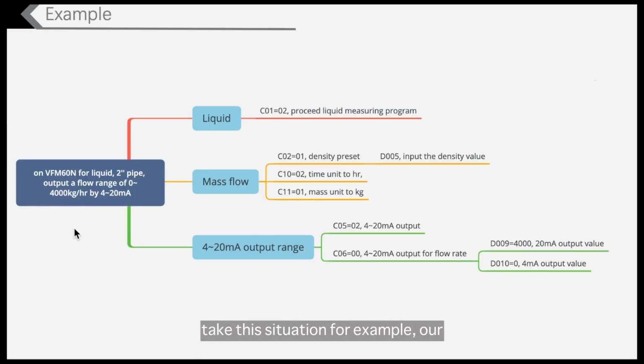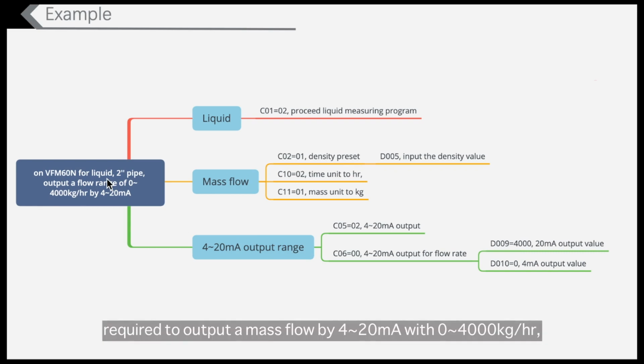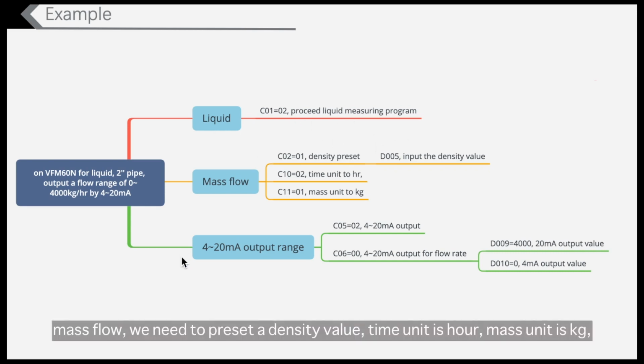Take this case for example. Our VFM60 standard meter for liquid measurement is required to output a mass flow by 4 to 20 with 0 to 4000 kg per hour. So that is for liquid measurement, so we preset a liquid measurement program. And for mass flow, we need to preset a density value.